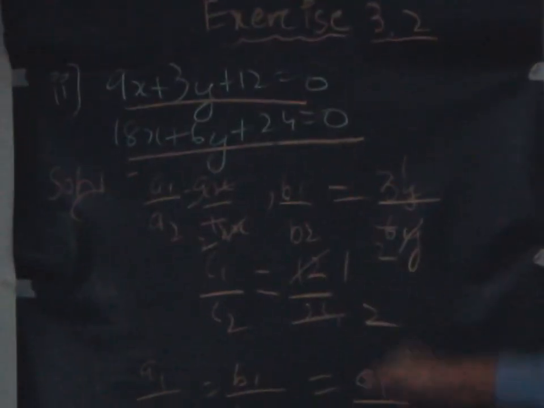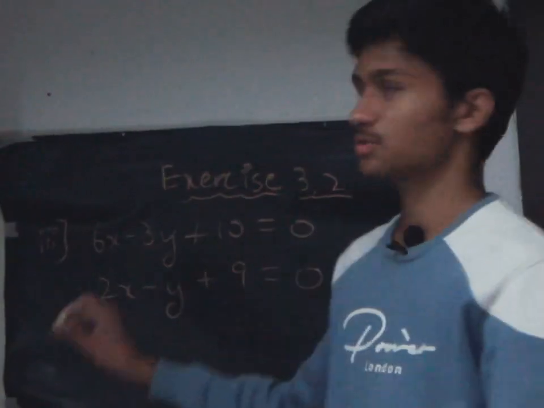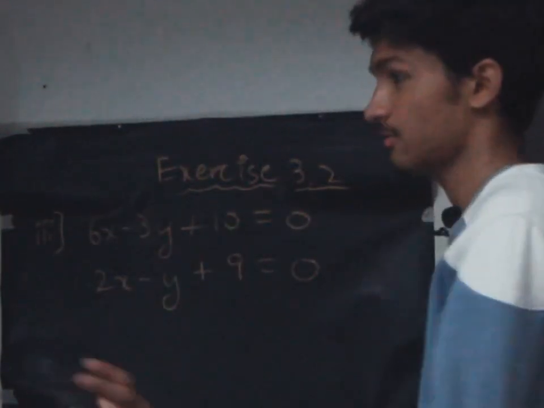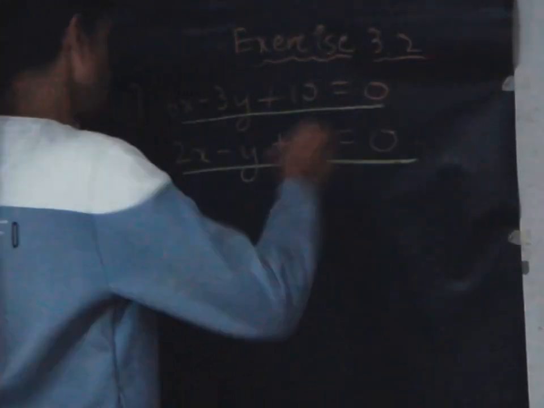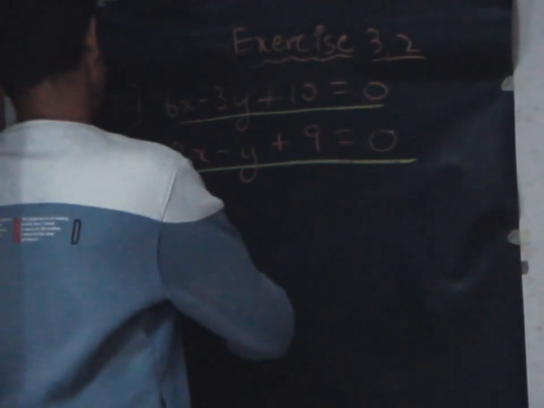Please look at this. So let us move on to the third sub question. This will be the third sub question of this main second question. So let us answer this also. The question is: 6x minus 3y plus 10 is equal to 0, 2x minus y plus 9 is equal to 0. So the solution will be like this.